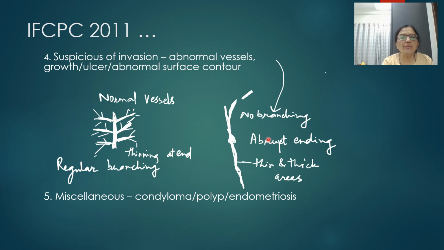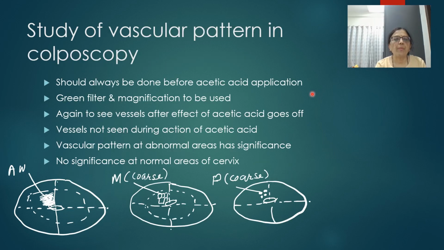All these are suggestive of abnormal vessels and suspicious for invasive cancer of the cervix. And miscellaneous findings, such as condyloma, cervical polyp, or cervical endometriosis, are documented under the heading of miscellaneous as per this IFCPC 2011 recommendation.